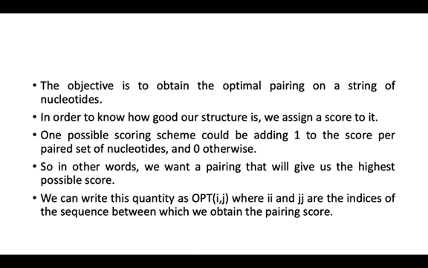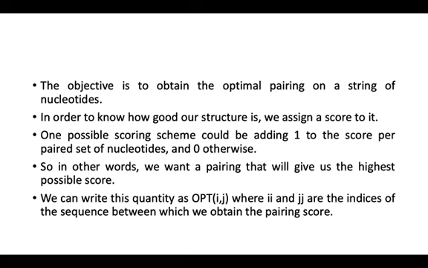The key here is to remember that the RNA molecule is single stranded, and the base pairing here is done between different residues of the RNA. So the scoring scheme is unlike the DNA structure.